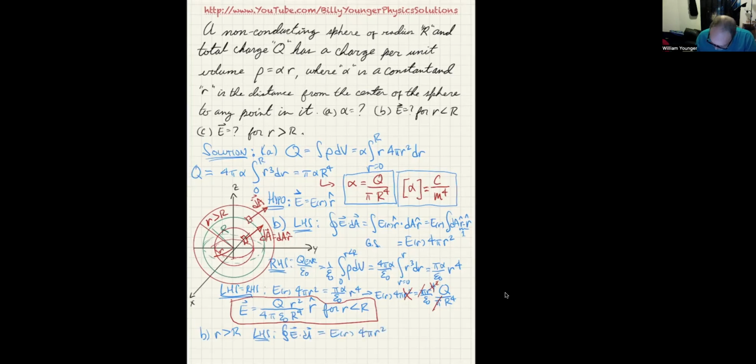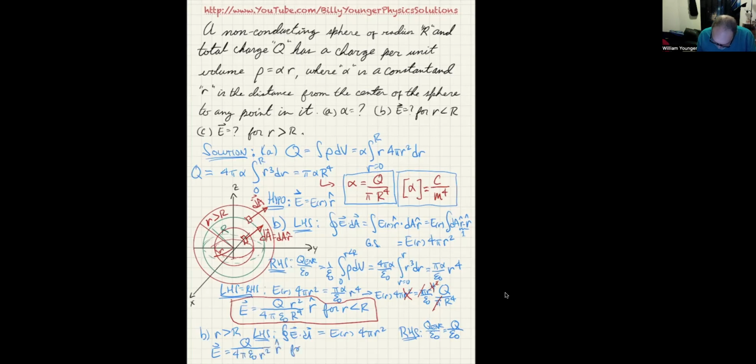And the right-hand side is quite easy too. The right-hand side says that it's Q enclosed over epsilon naught. Well, we know that that new sphere actually encloses the entire sphere. So this is just Q over epsilon naught. So we get that E is equal to just Q over 4 pi epsilon naught r squared r hat.